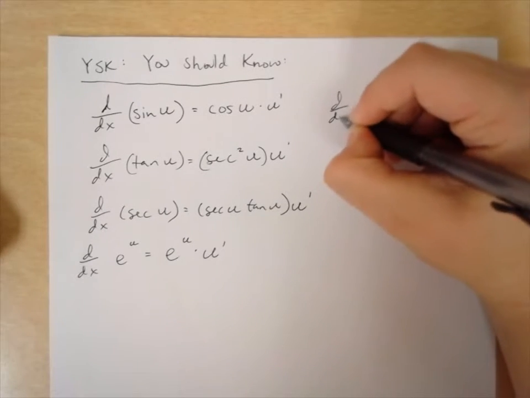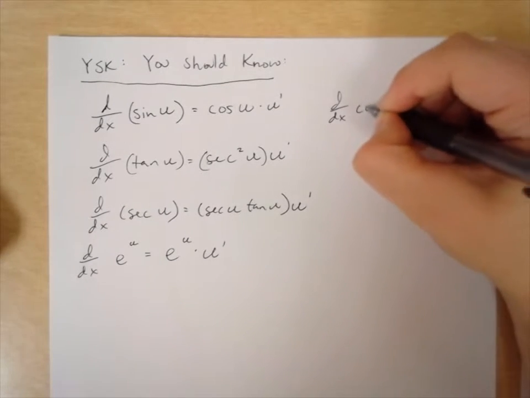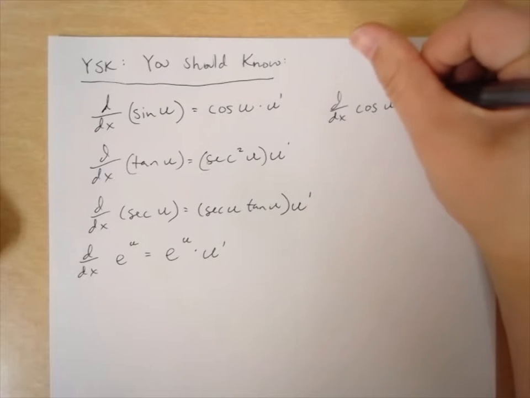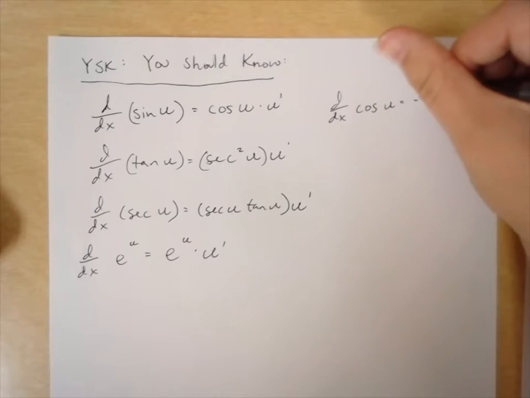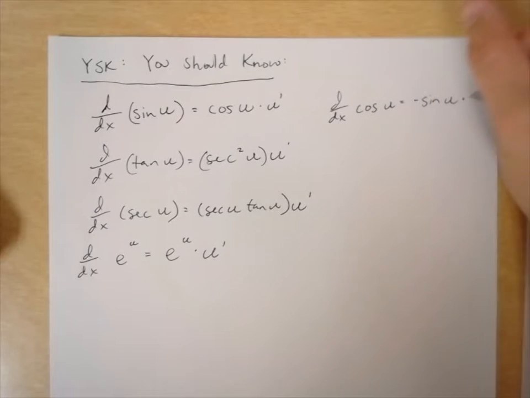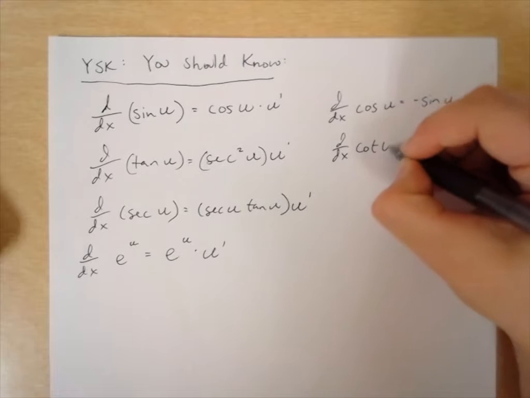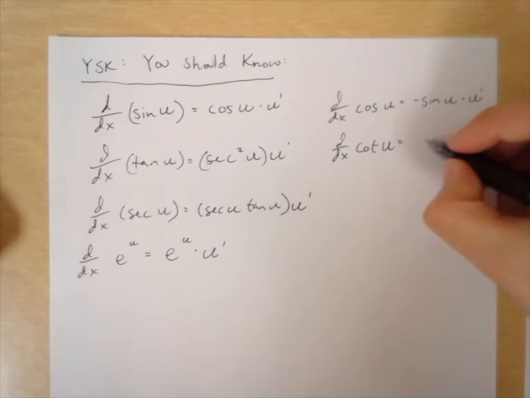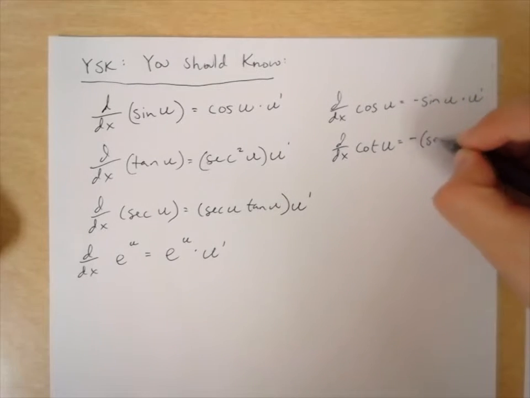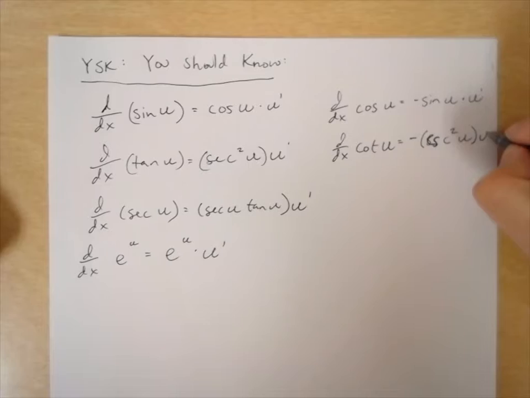Few more. Derivative of cosine of a little function is the same as saying negative sine of that thing times the derivative of that thing. Derivative of cotangent is the same as saying negative cosecant, CSC squared, times the derivative of the second thing.